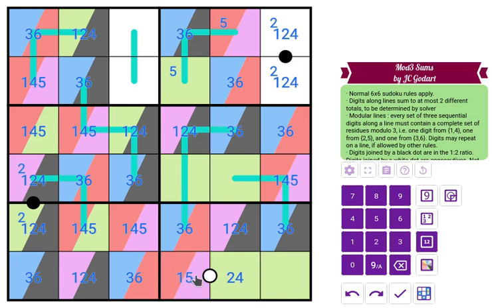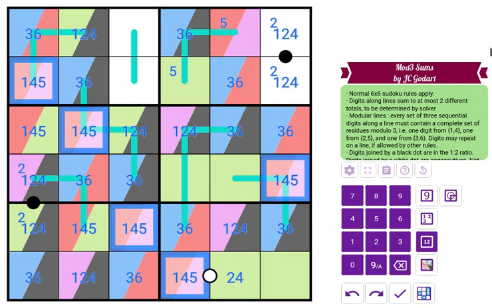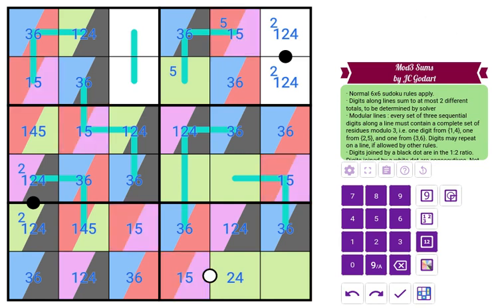So the purple red can't include the 4. So 1 5. And so this is 2 4, which goes there, which goes, well, we don't know for the rest.